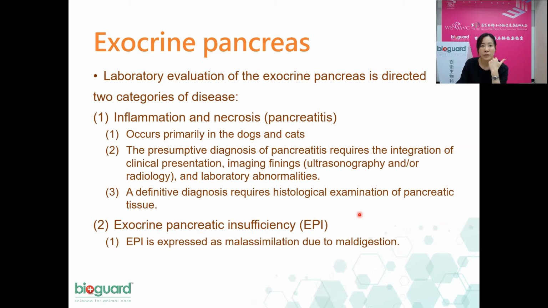However, if pancreatitis is not well treated, it may result in EPI, and the outcome of EPI will be expressed as malassimilation. That means the exocrine pancreas cannot produce digestive enzymes such as amylase, lipase, or trypsin, and that will result in maldigestion.